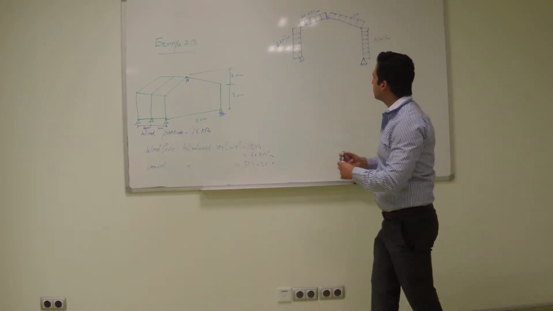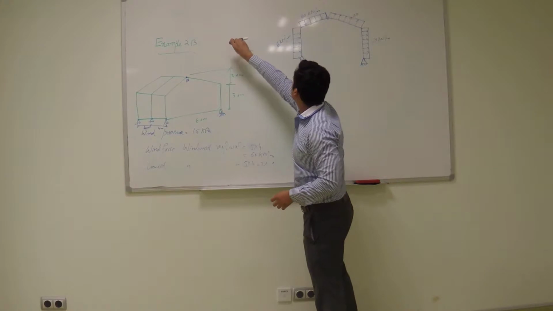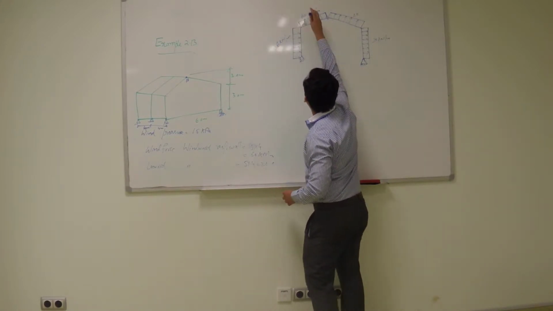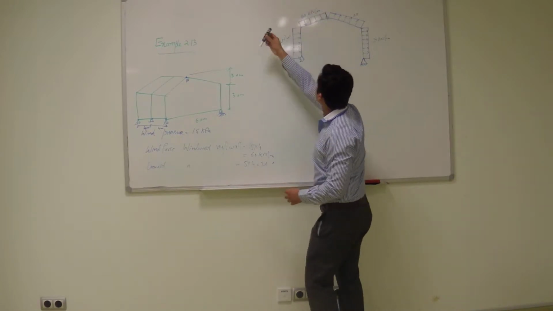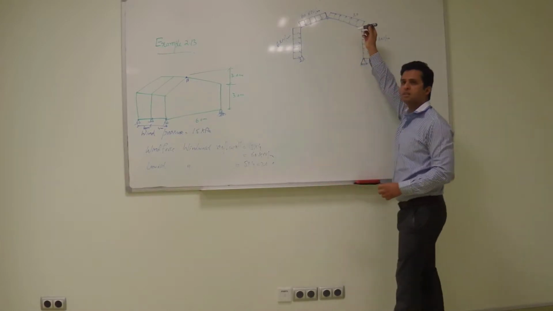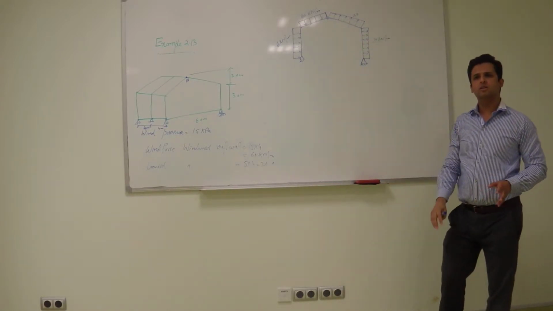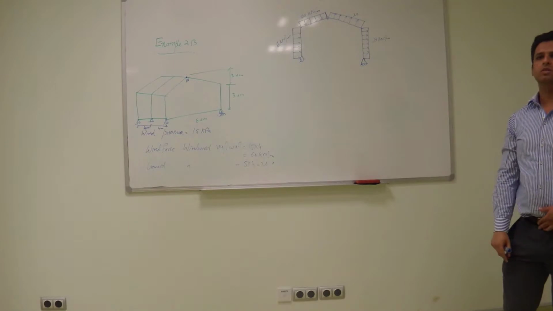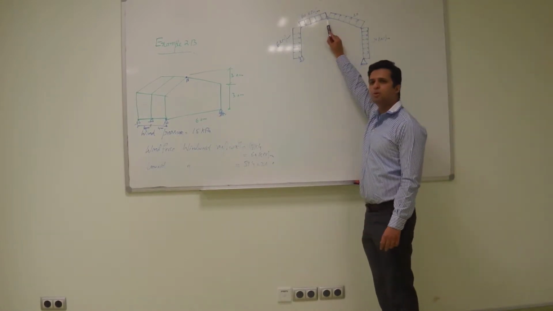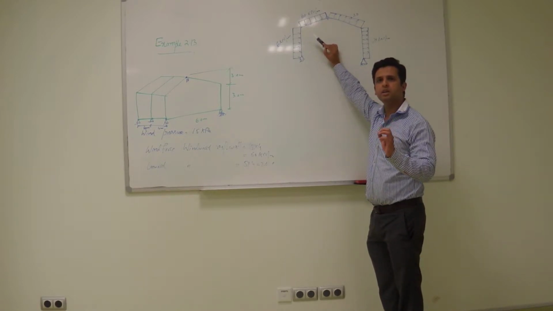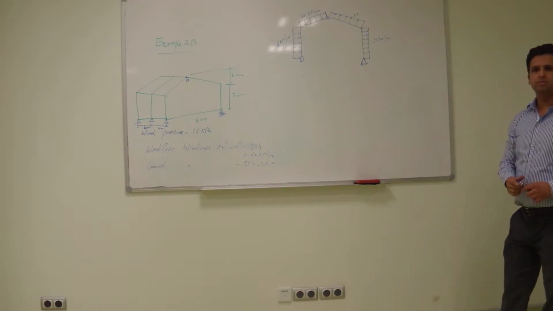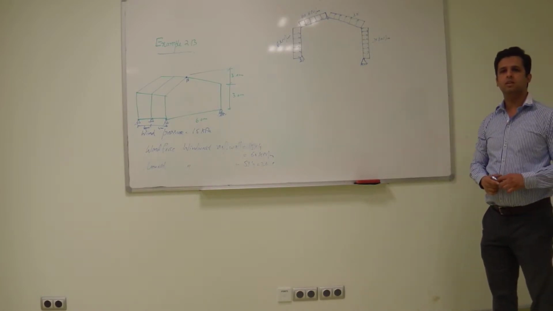I was asking about the value. The roof and wall facing the wind is known as windward, and that will be having 60. So the same value.